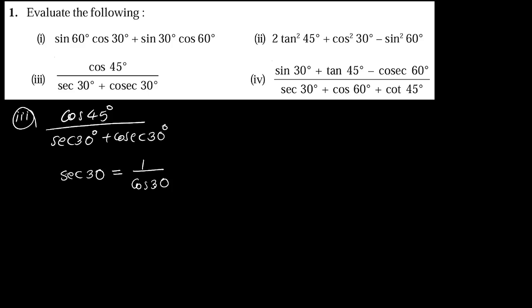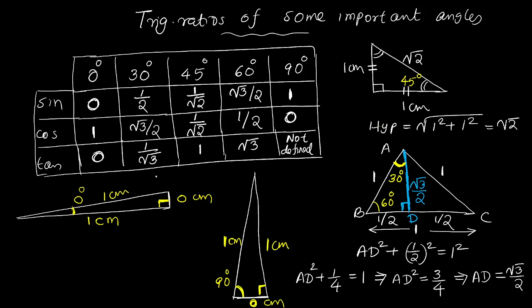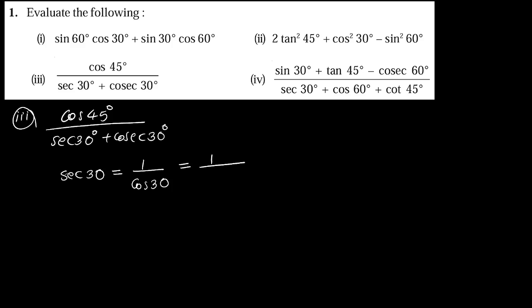Is that correct? Samriddhi, Yukta, Nishit, everyone is clear? So sec 30 is 1 by cos 30. Cos 30 we have studied, root 3 by 2. So sec is just the reciprocal of cos.